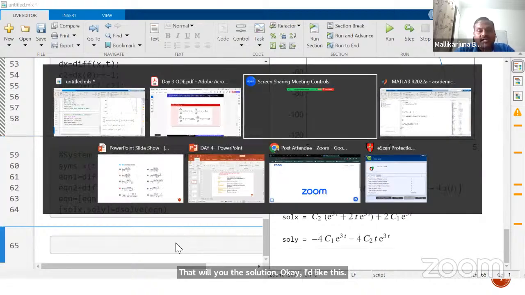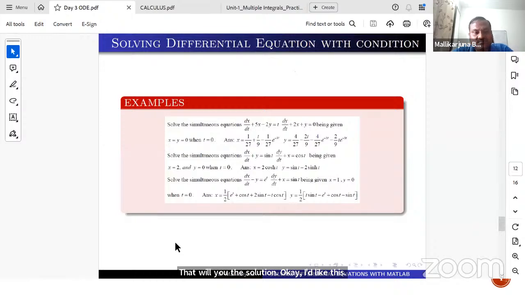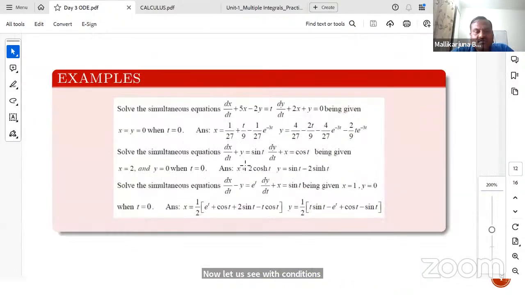Now let us see with conditions. I think the screen is visible. Yeah, fine, no issue.